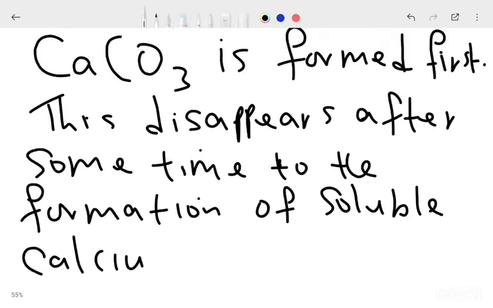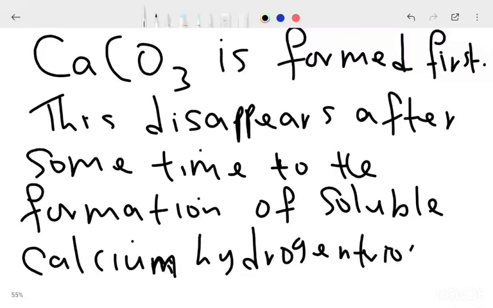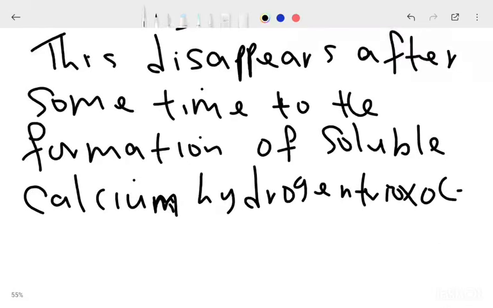Calcium hydrogen trioxocarbonate(IV). Okay, hydrogen trioxocarbonate(IV).